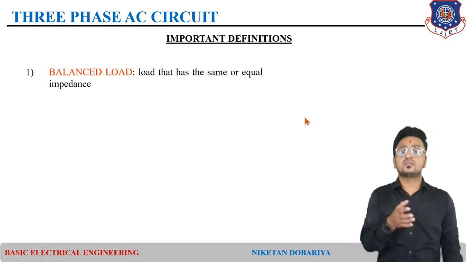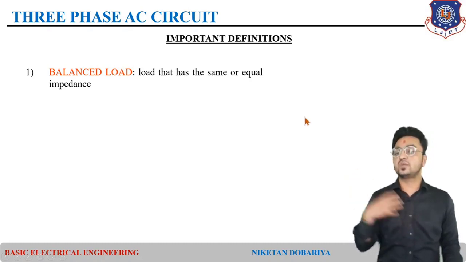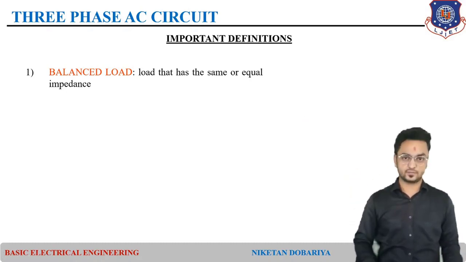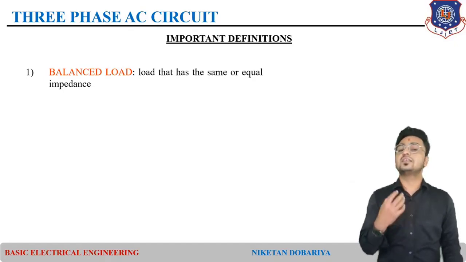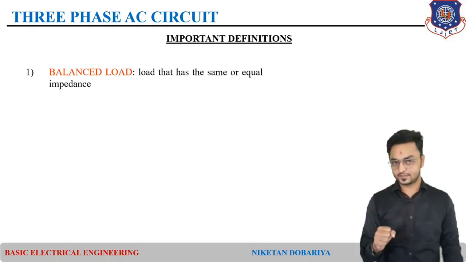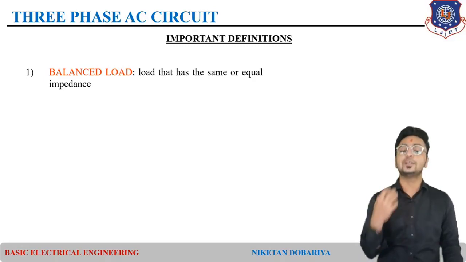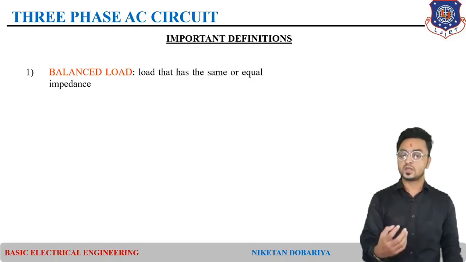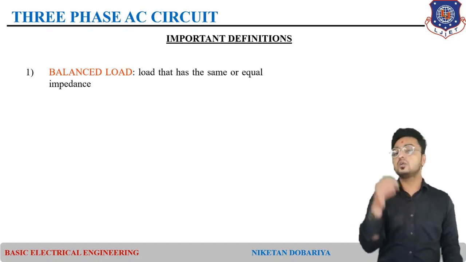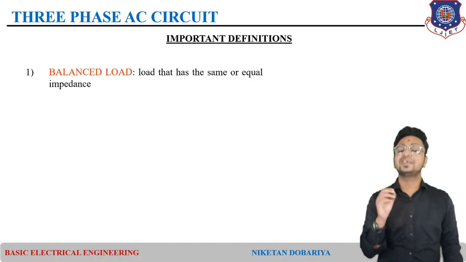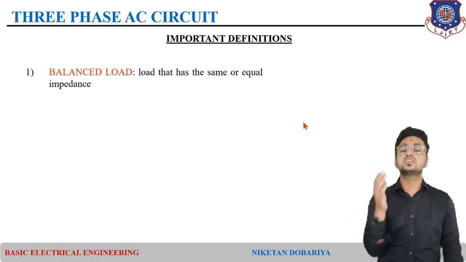As we discussed in our previous lecture, a three-phase AC circuit is nothing but a combination of three individual single-phase circuits. Basically, there will be three loads, three branches, and on all phases there will be impedances, let's say Z1, Z2, and Z3.